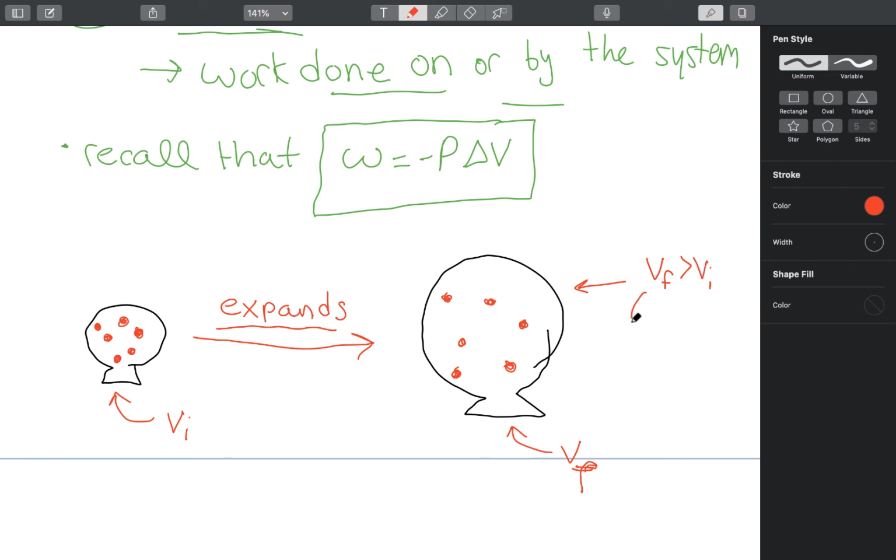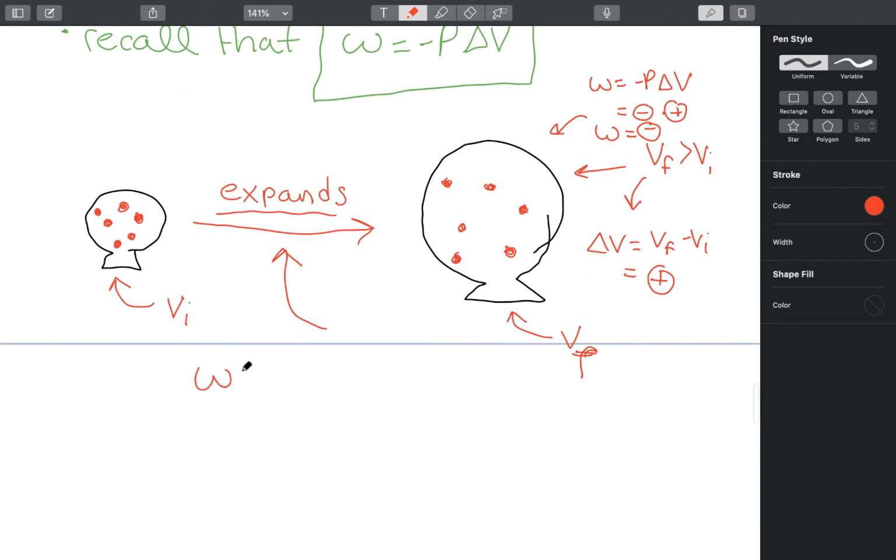That means that delta V, which is equal to V final minus V initial, is a positive number. So if we plug this into our equation, where delta V is a positive number, we have a negative times a positive, giving us an overall negative value for work. So in this case, we say that work is done by the system.